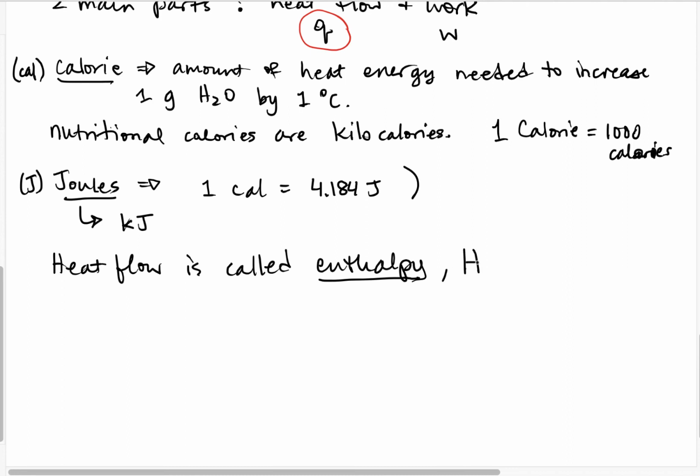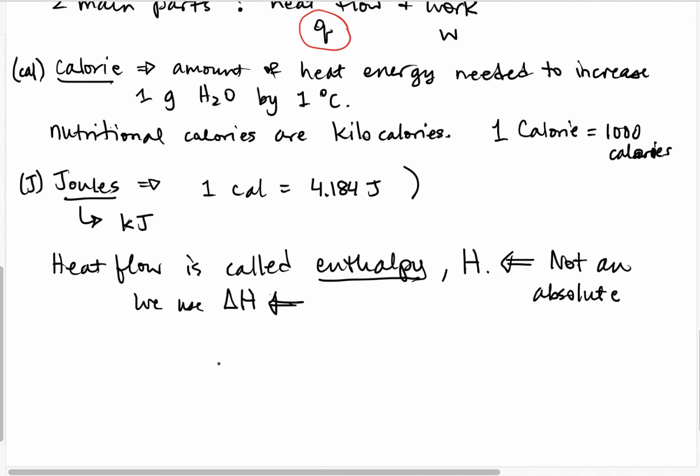We use a capital H for enthalpy, and just like internal energy change, we use delta H to talk about changes of enthalpy rather than just abstract how much enthalpy does something have. Enthalpy is not an absolute value. It is always relative. So we always are talking about changes in enthalpy, not about absolute enthalpy. There is no absolute zero for enthalpy, even though there is an absolute zero for temperature.